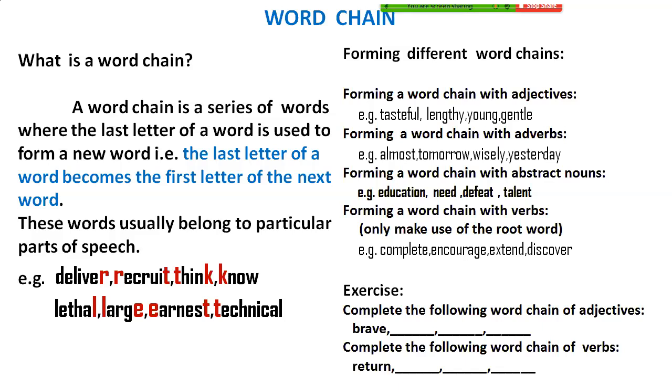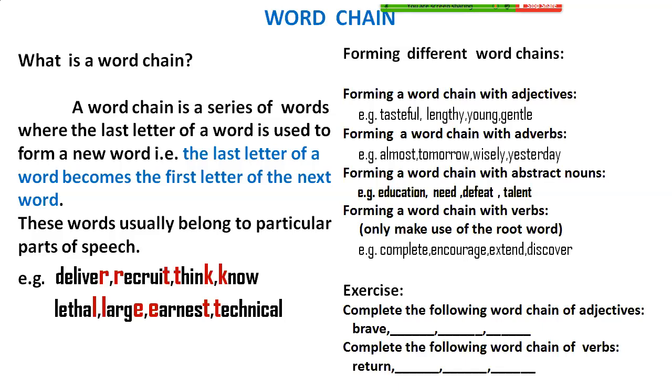Now, this is how word chains could be formed, or the different kinds of word chains. You can form a word chain with adjectives, like we've already done in the example that was shown. Another example of a word chain using adjectives is given here. For example, we've taken the word tasteful.